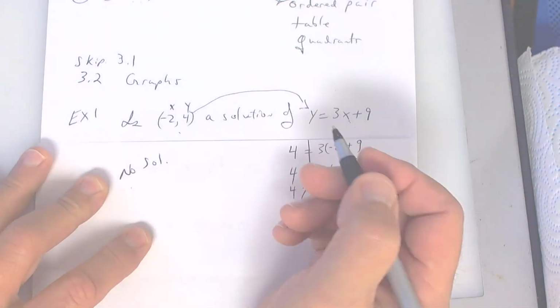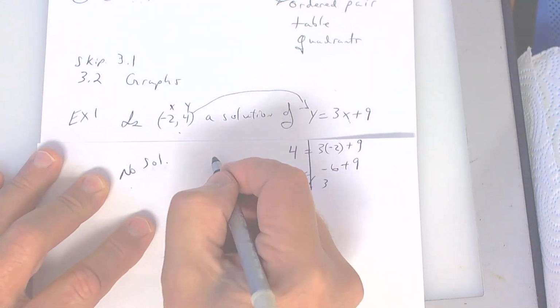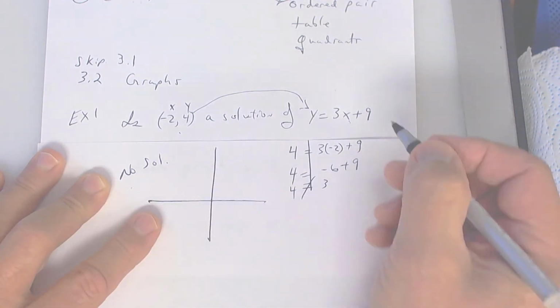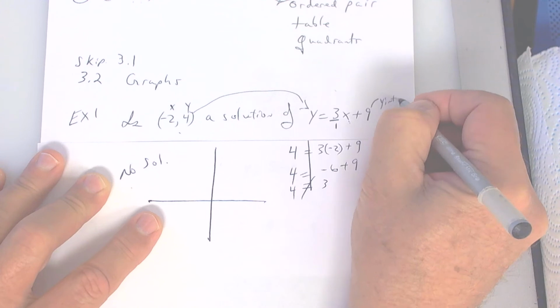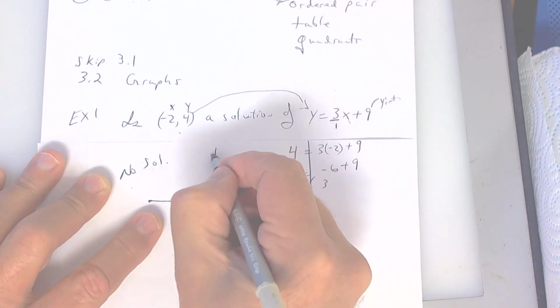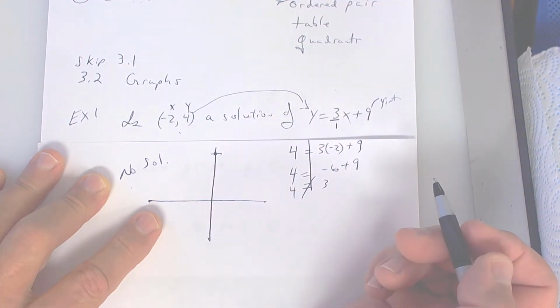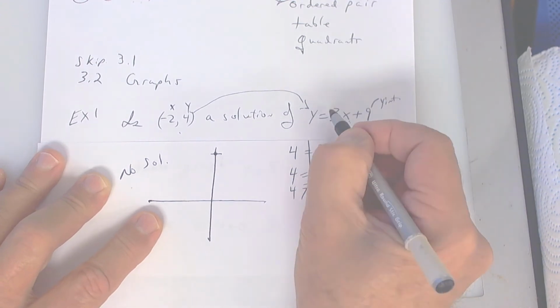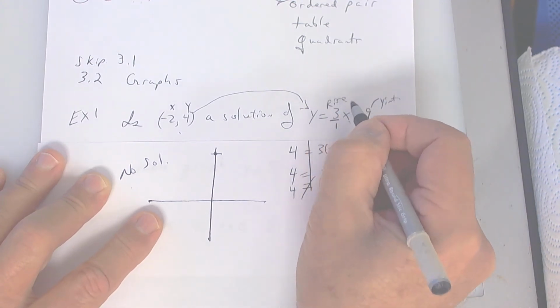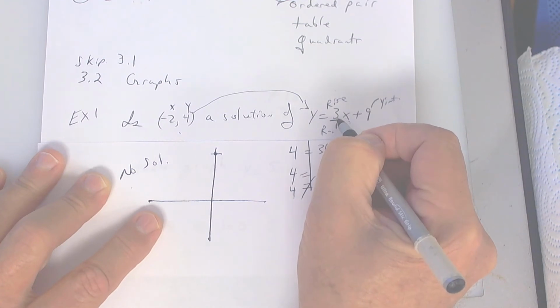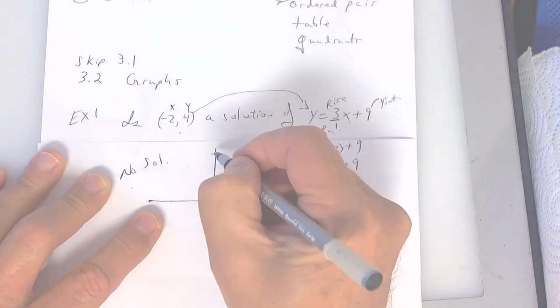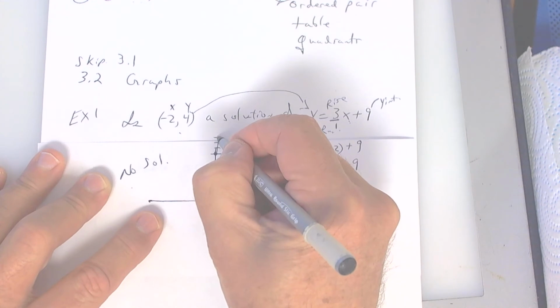You make a table, or you can use your slope and y-intercept. I'm going to do slope and y-intercept. So this is my y-intercept. So I'm going to go up 9, somewhere up here. That's my y-intercept. From here, it's rise over run. So I'm going to go ahead and go up 3 and then to the right 1. So 1, 2, 3, rise, run.